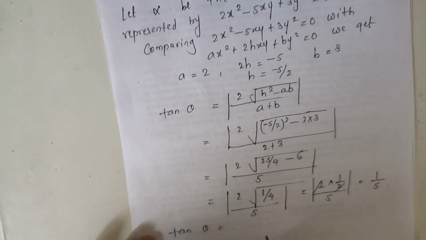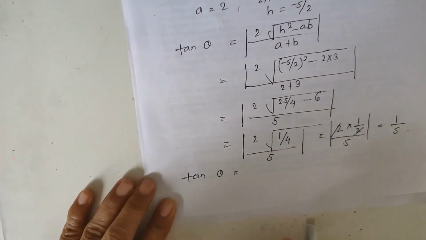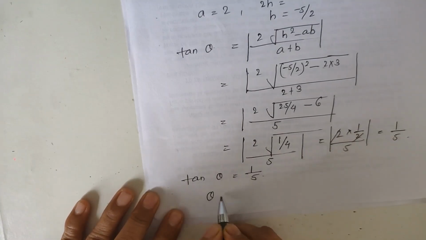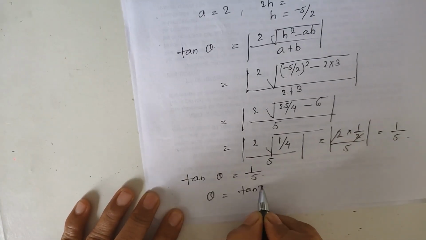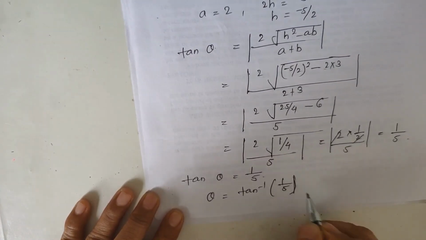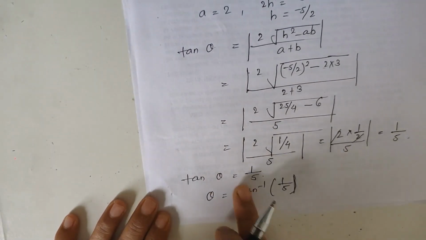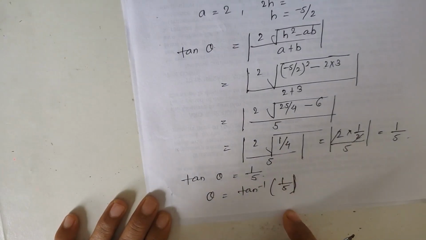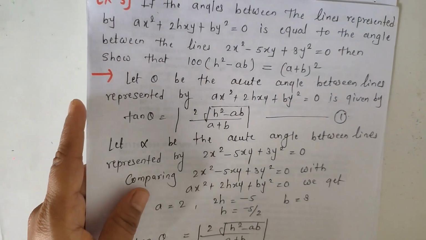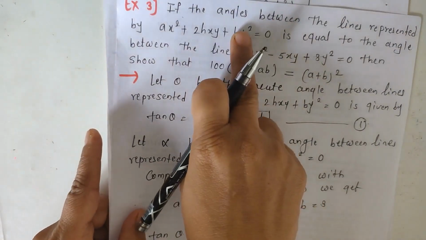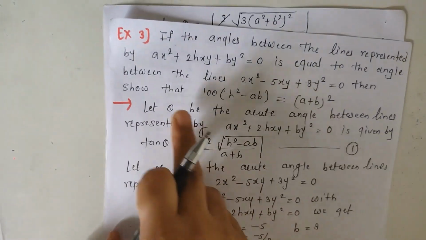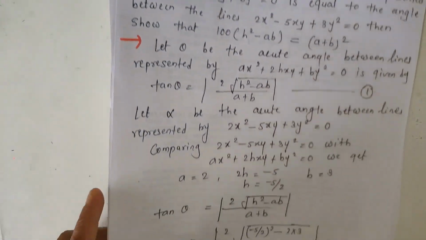Tan theta is equal to 1 by 5. So theta is equal to tan inverse of 1 by 5. But in the given example, the condition is that theta and alpha are both equal, and then we have to show the given expression.